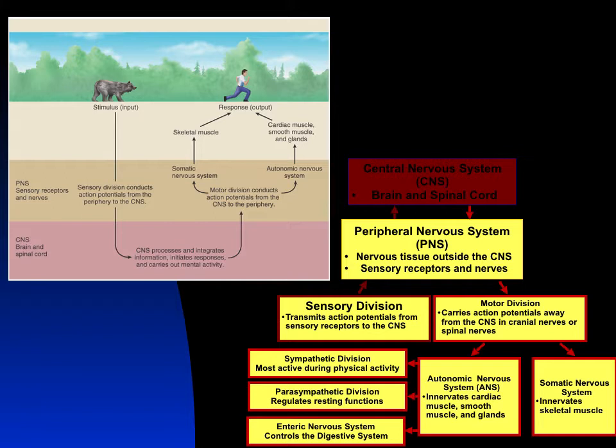So in that example that I gave you, where sensory input, the sight and sound of a bear, this part of the response, the autonomic nervous system, would activate the cardiac muscle to beat harder. It would cause the adrenal glands to secrete adrenaline. It would direct blood flow to the skeletal muscles so that we could run away quickly.